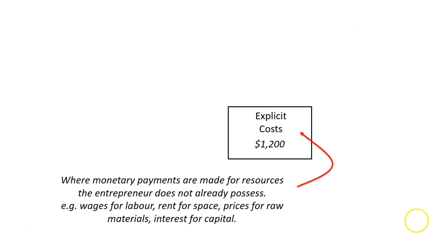For example, the entrepreneur may have to employ labour, and so pay wages, may have to rent space, may have to pay for raw materials, and may have to pay interest on loans for capital that it has purchased. So capital here, remember, means machinery, tools, equipment, buildings, factories.